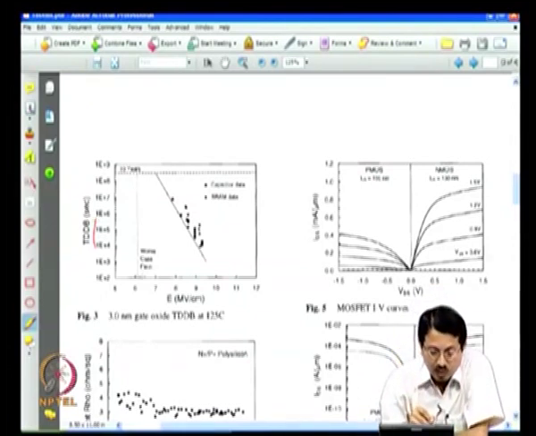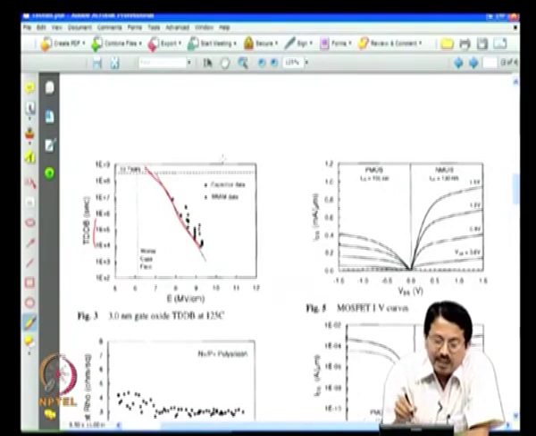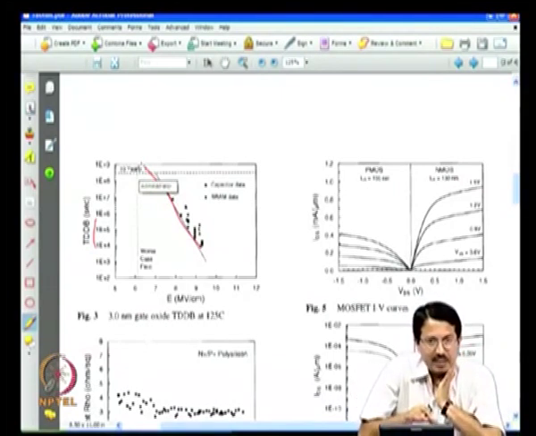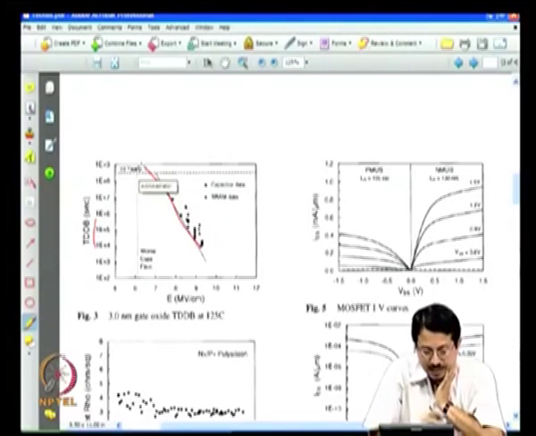Even though you are going to operate your transistor at a very low electric field, maybe in this case 6 megavolt per centimeter, what you do is apply a large electric field and characterize the breakdown times, and based on that you extrapolate and say that in the real use condition it will certainly be reliable up to 10 years. They have done a similar thing to what we have discussed. These are typical reliability characterizations.